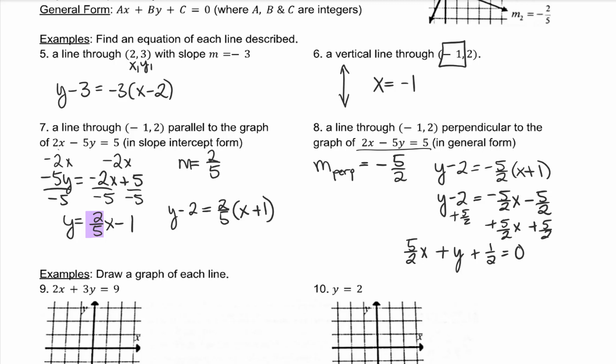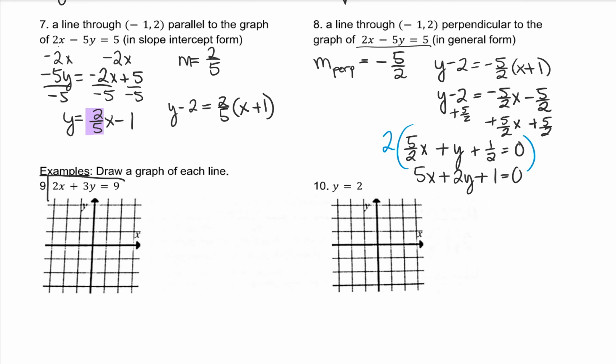So we're going to multiply by the least common multiple or the greatest common divisor in order to turn these coefficients into integers rather than fractions. We'll multiply by 2. And that would be our general form for the line perpendicular.